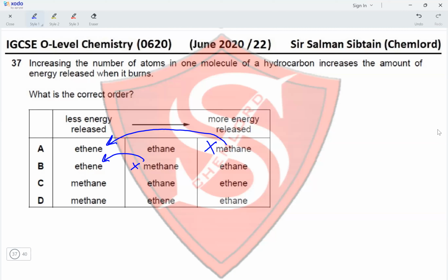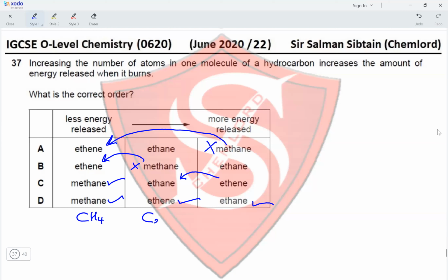Methane, ethane, and ethene. So methane is in its correct position, whereas ethane has more hydrogen and ethene has less hydrogen. So more energy would be released on burning ethane than ethene. So the position of ethene is incorrect. So the last one, methane, followed by ethene, followed by ethane. Yes, this is correct.